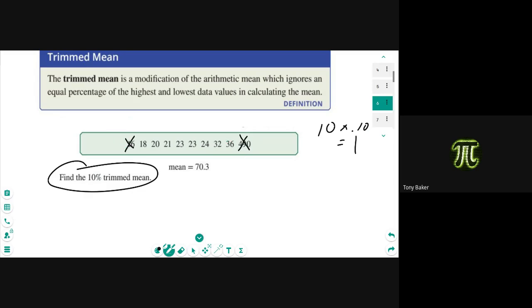Whenever you're doing a trimmed mean, you have to do the exact same thing to both sides. Because again, we're looking for the middle. If I wanted a 20% trimmed mean, that would have been 2 numbers, right? I would have crossed off the 2 numbers at either end. Okay. All right. Now, find me the mean of those numbers.